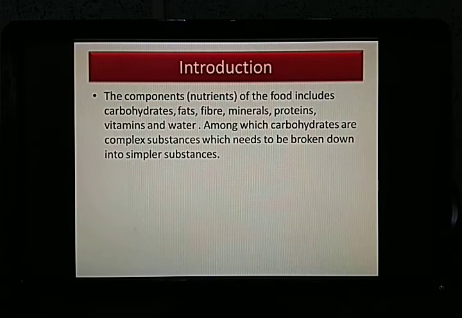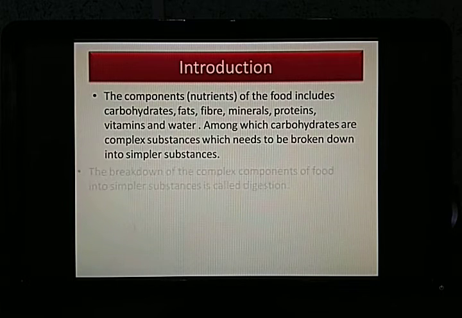Instead of that, carbohydrates, fats, fibers, minerals, proteins, vitamins, and water are the major components of animal nutrition. Now among these, carbohydrates are complex substances which need to be broken down. They cannot be directly taken in by the body. So they need to be broken down before the body can utilize those nutrients.